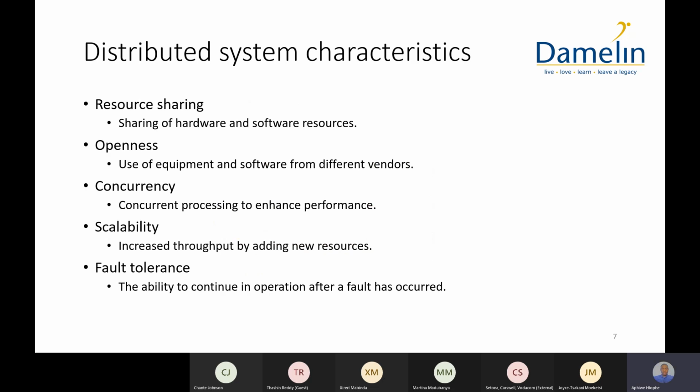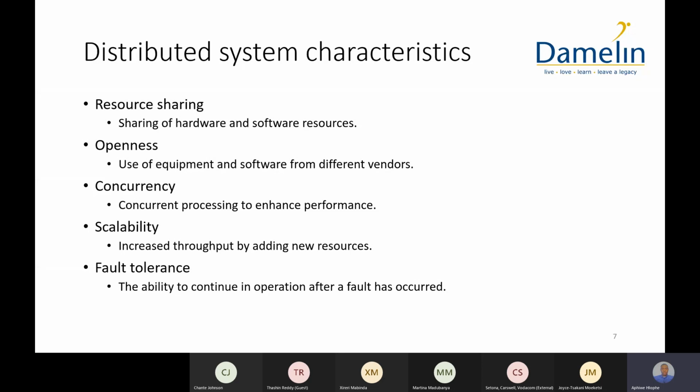So some of the characteristics that come with implementing distributed systems: it ensures resource sharing, okay? So the memory of the server is not compromised and put under pressure because there's resource sharing, there's load balancing between the various machines that make up the system. And openness as well.